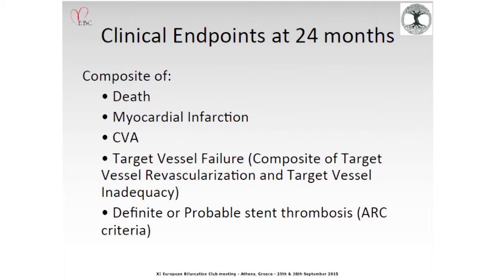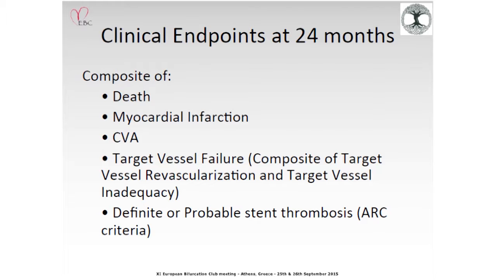The 9-month composite endpoint includes binary angiographic stenosis, which would be core lab adjudicated, and added in-stent thromboses. So meaningful endpoints. Clinical endpoints are at 24 months, as listed, so the usual, including definite and probable stent thrombosis because of the signal in the complex groups that this may be a disadvantage.